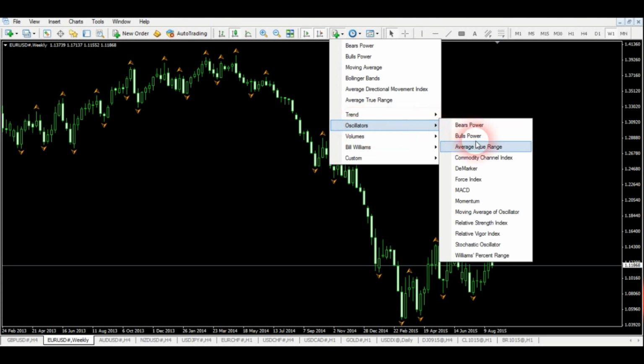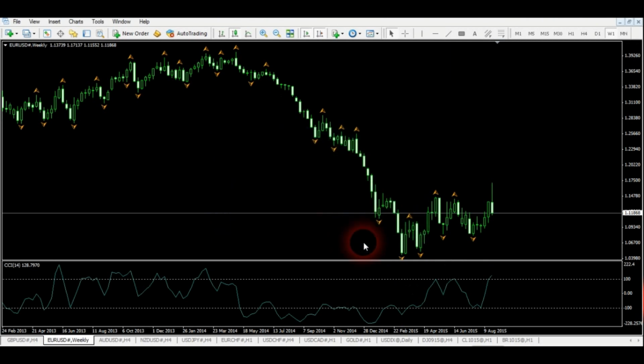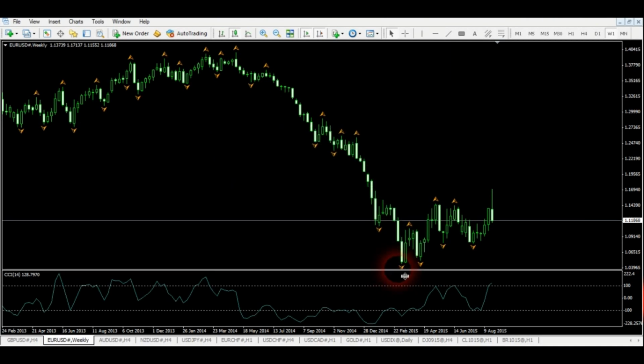And then the next one is CCI, Commodity Channel Index. CCI is one of the most popular indicators that the Iran market uses.